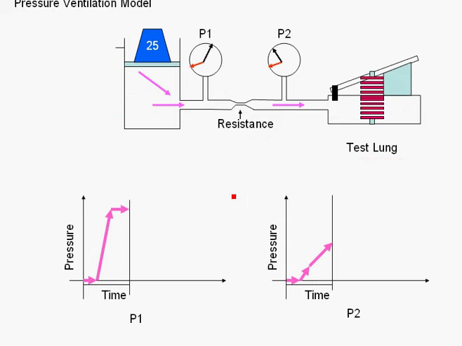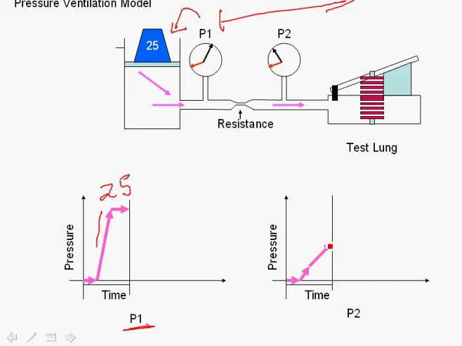So as time progresses, we see the pressure in the mouth, P1, has built up quickly to our driving pressure, which was 25 centimeters of water pressure. We still need a pressure gradient here to get flow across from the mouth into the lungs, so P2 is lagging behind a little bit.